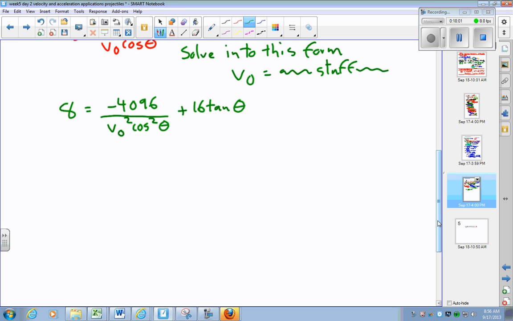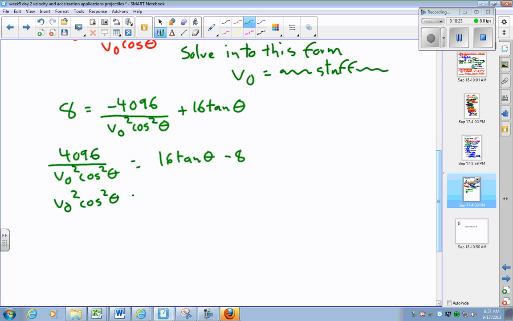So then I might move over and say 4096 over v naught squared cosine squared theta equals 16 tangent theta minus 8. Okay. Then doing a little cross multiplying, v naught squared cosine squared theta can be 4096 over 16 tangent theta minus 8.